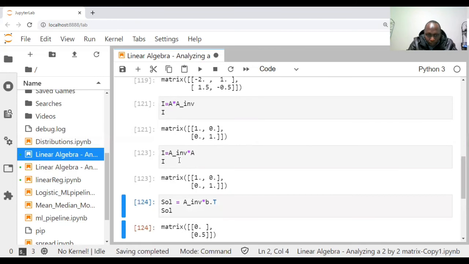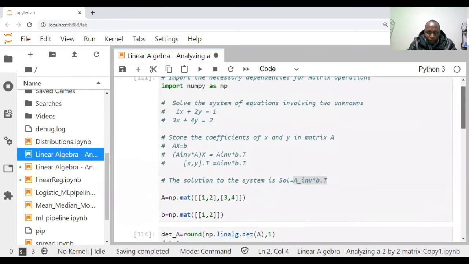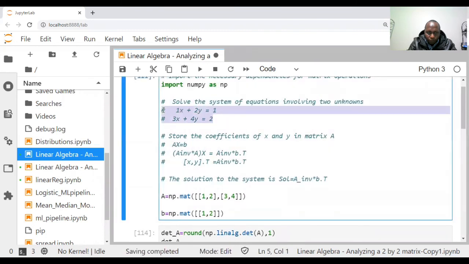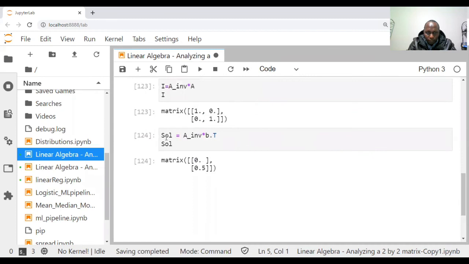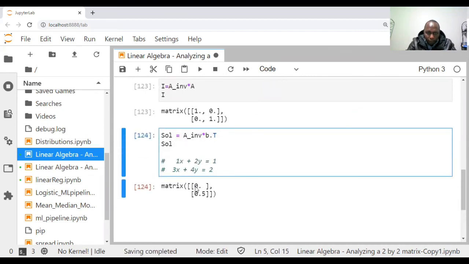And if we do this, we have the correct solution. How do we know it's correct? Let's see. So the solution is what? X has to be 0 and Y has to be a half for this system to be correct.